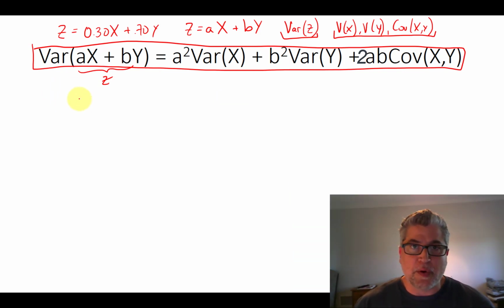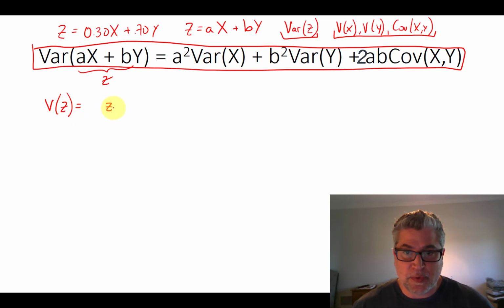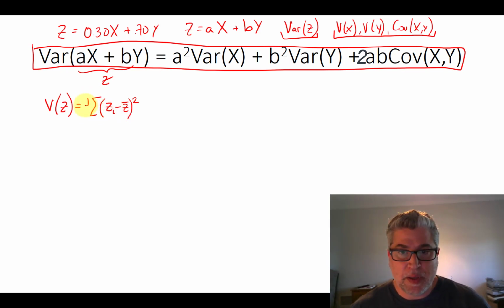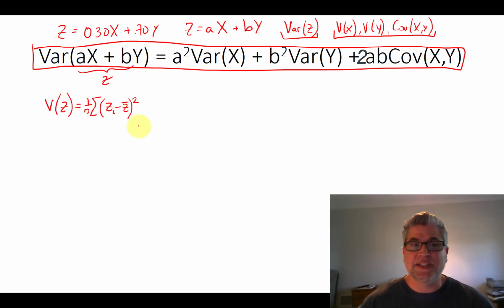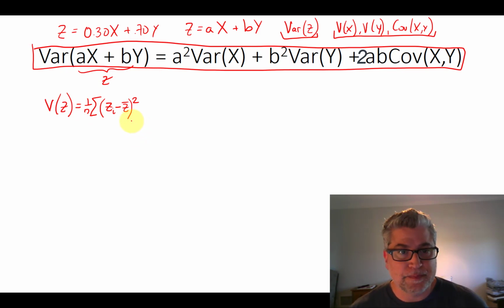Like all of our work so far, we start off with a definition. The variance of any variable, z, is equal to, well, let's take one particular observation, subtract off its mean. So how far away is the observation from its mean? Square it. Then we want to do that for all of these observations, all n of them, not just the first one. And then divide by n so that we get some kind of an average.